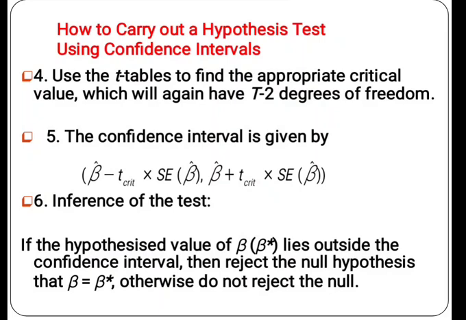Our next lecture comprises the BLUE properties of the ordinary least squares estimates, where we will study in depth what the BLUE properties are, and we will prove them. What does BLUE mean? B for best, meaning that the OLS estimates have the lowest variance, least variance.